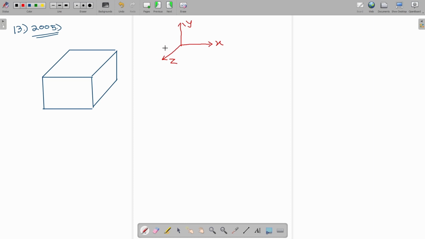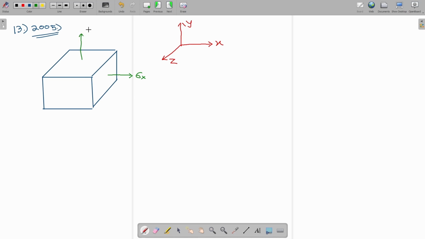Now we are going to draw the stress tensor or shear stress component as well as direct or normal stress component. Now, along the x face, a normal stress will be acting as sigma x. Similarly, along the y face, a normal stress will be acting in the upward direction.